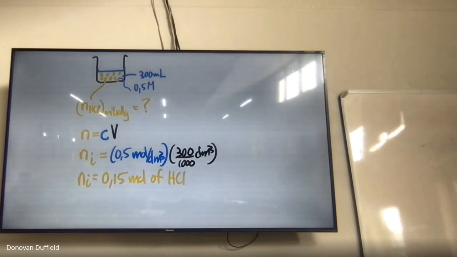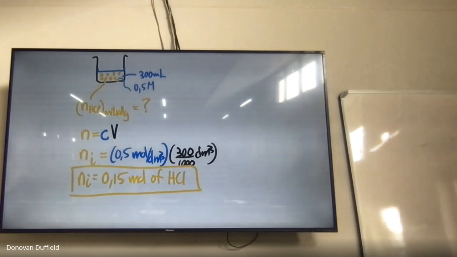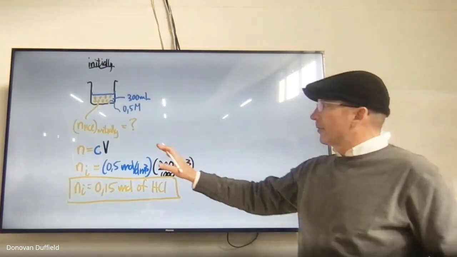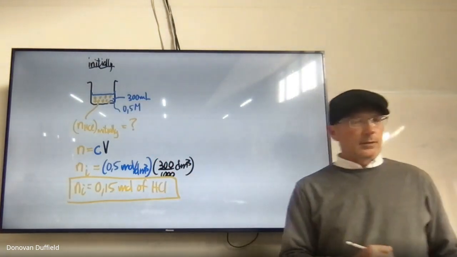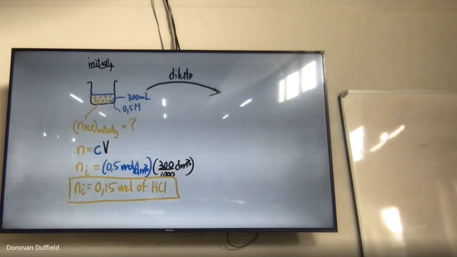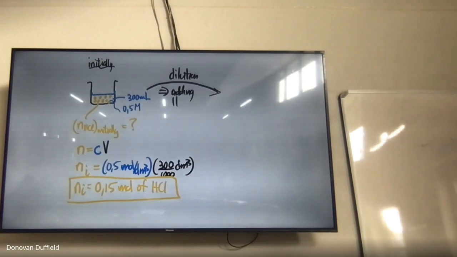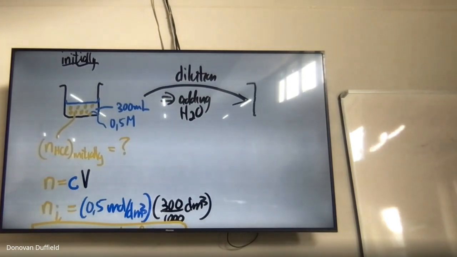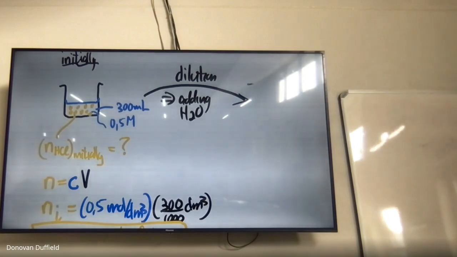Do you agree? So in the initial solution, we have 0.15 moles of HCl. Now this undergoes a process of dilution, which implies adding water. Let me see if I can draw it accurately.